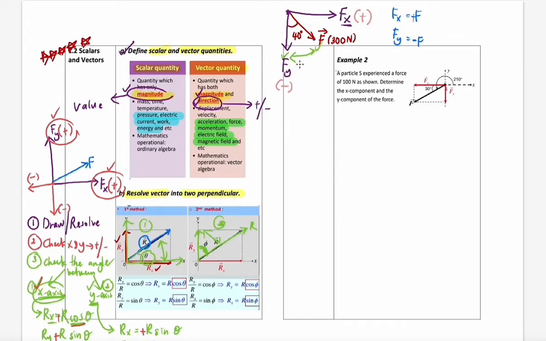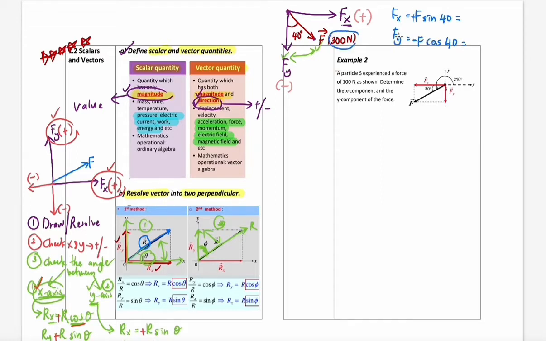So bila dia dikepit oleh y-axis, yang akan jadi cos adalah y. So akan jadi negatif F cos theta, kita berapa? 40 degree. Okay, so this one akan jadi positif, x akan jadi sin theta, kita which is 40 degree. Lepas tu nilai F tu apa? Nilai F is the magnitude here.